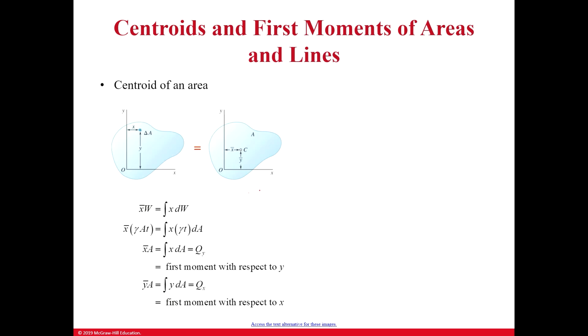All right, so this is a good example. The centroid of an area is the same as having computed all the delta areas at every x and y. Let me say that again. On the left-hand side, we have every x and y multiplying the delta area.